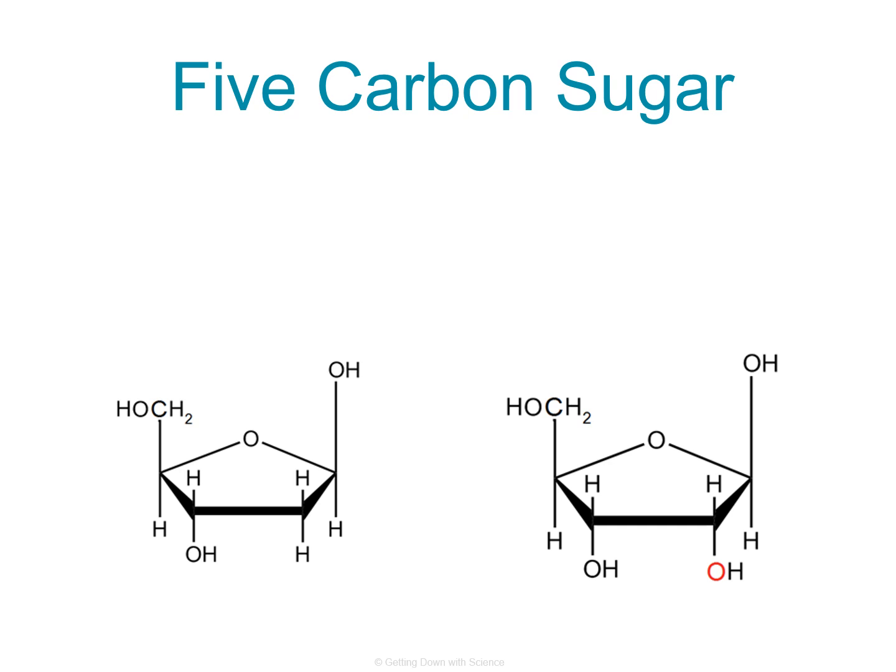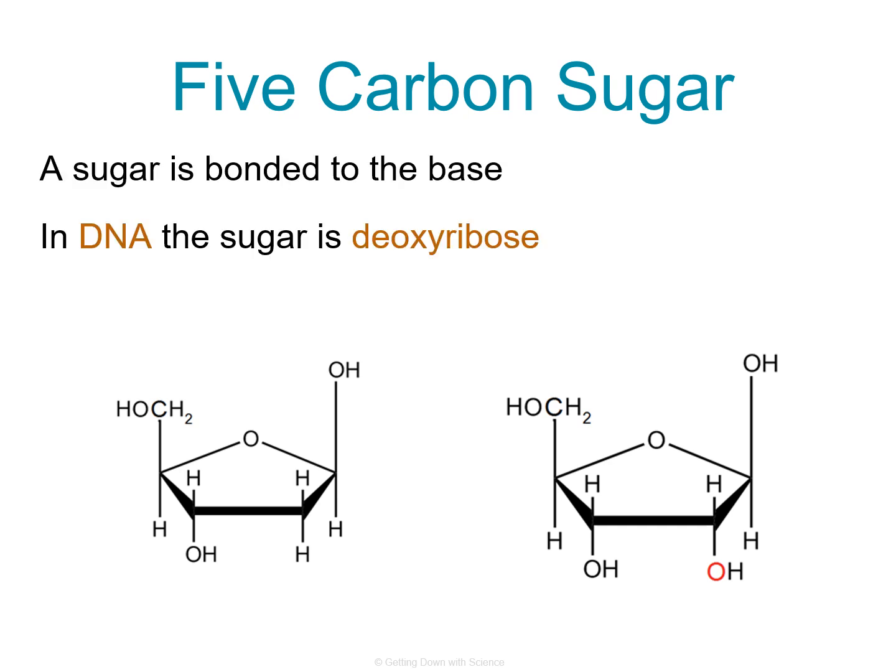So the 5-carbon sugar is a pentose sugar. If you remember back in geometry, we talked about pentagon shapes, and this is a pentose carbon. The sugar is bonded to the base. In DNA, it's a deoxyribose.